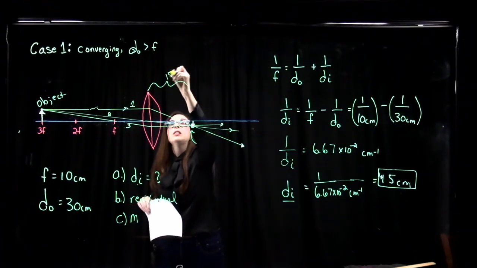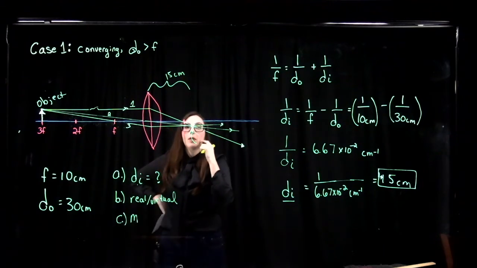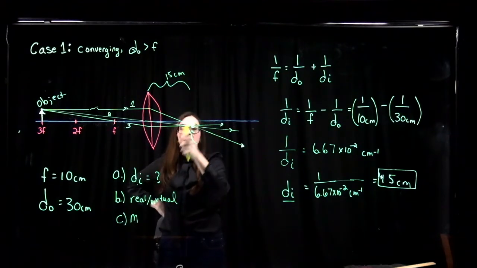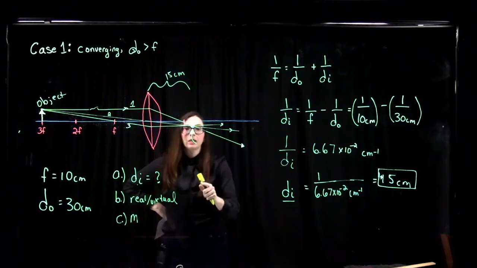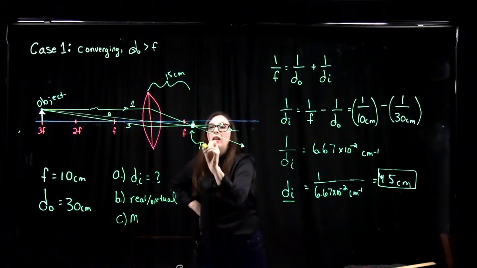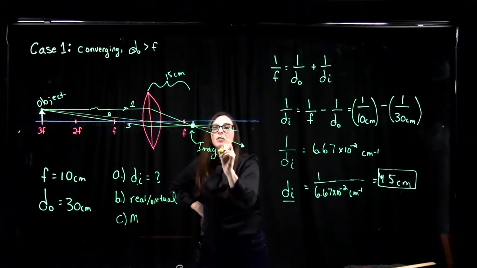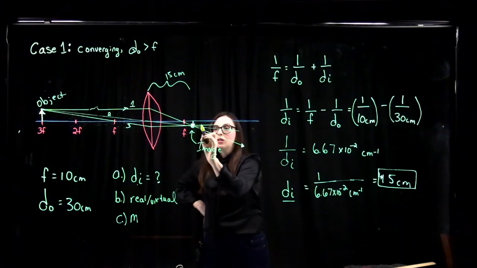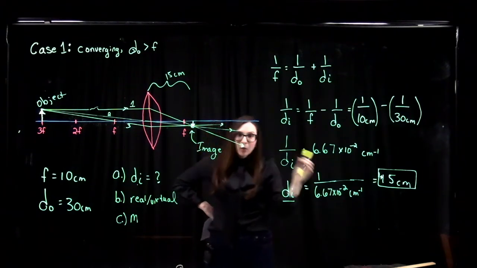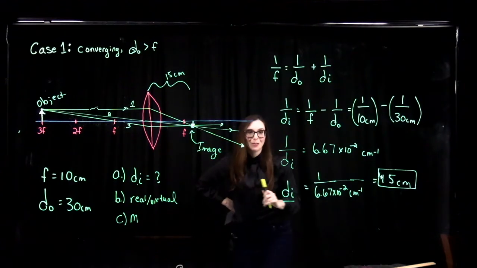So it looks like we did an okay job. My image is going to be a little bit outside of the focal length. The focal length was 10 centimeters. So my image sketch from the ray tracing turns out to be just a little bit further outside of the focal length of this lens. So we did an okay job there with doing the ray tracing.